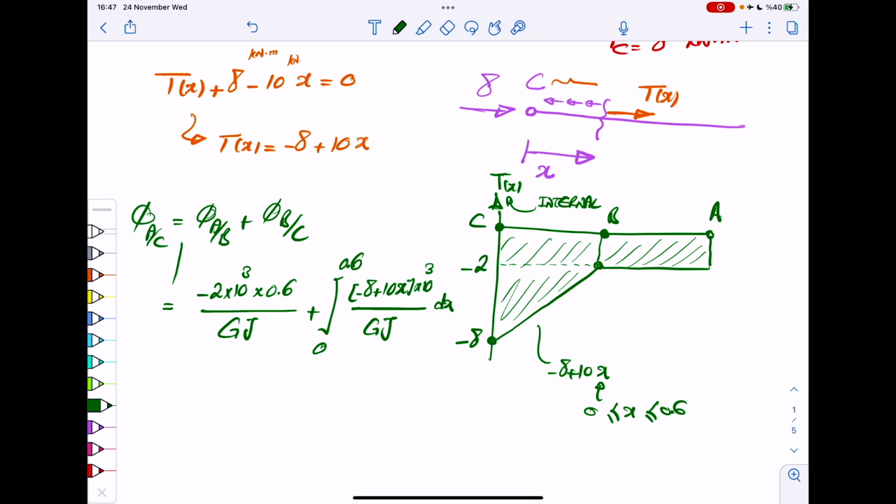And what you need to do is, you can take the GJ out. So you get minus 1.2 here times 10 to the power 3.